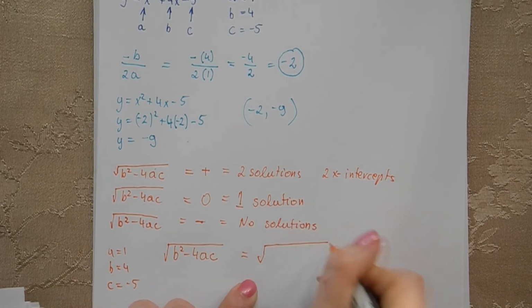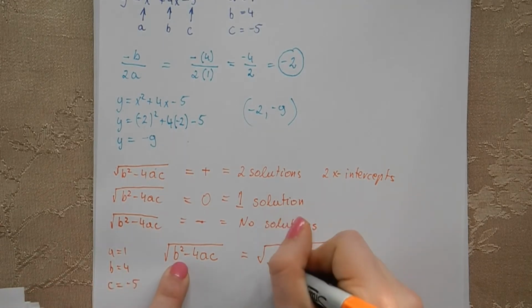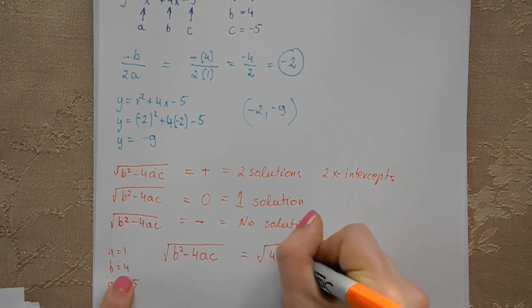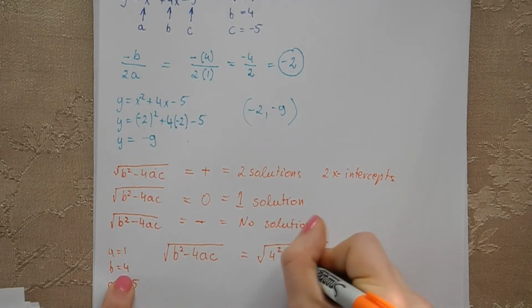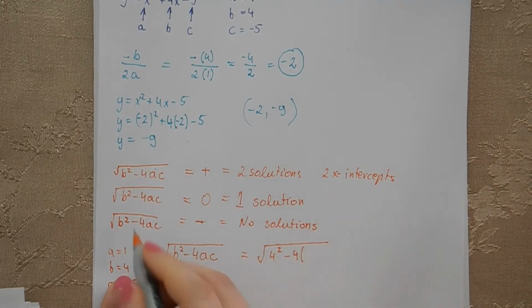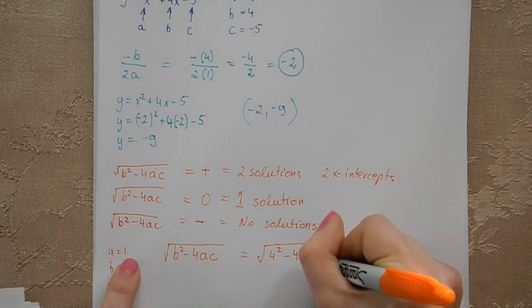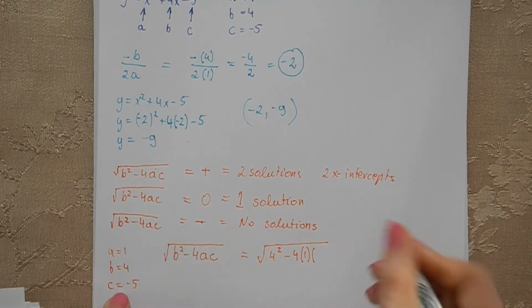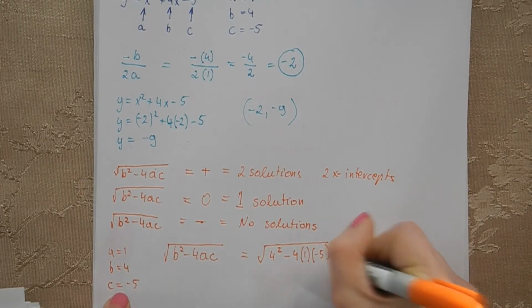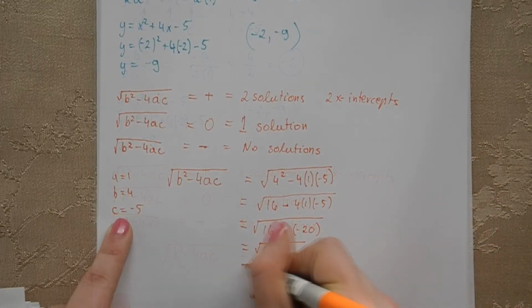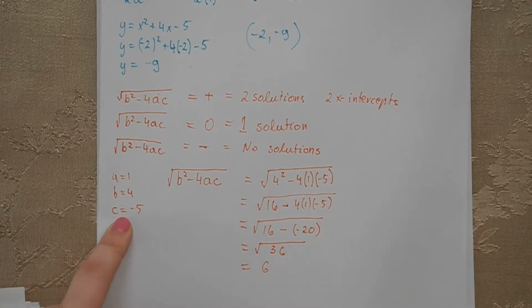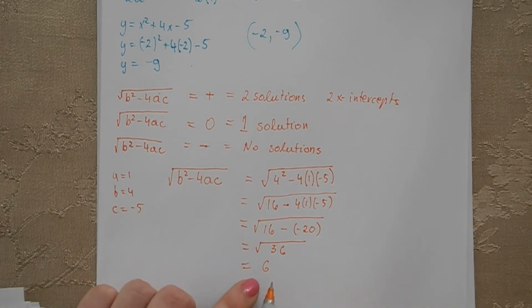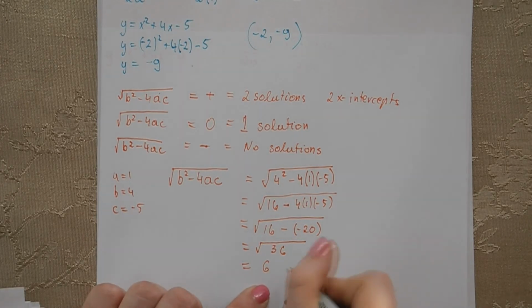I'm only taking the radical part, b squared minus 4ac, and I'm going to plug in my values. I have 4 squared minus 4 times a, which was 1, times c, which was negative 5, which equals 36. Since that is a positive number, we know that we will have two solutions.